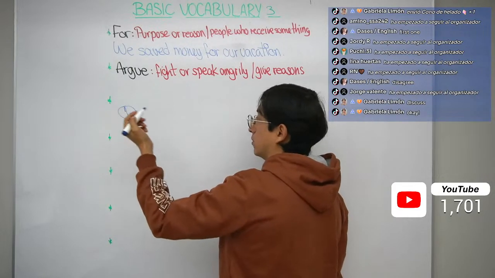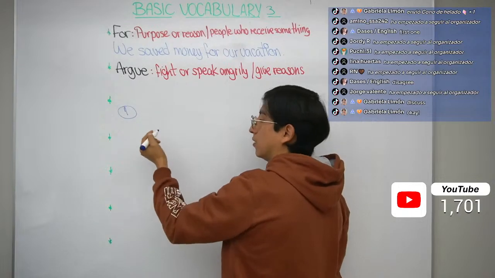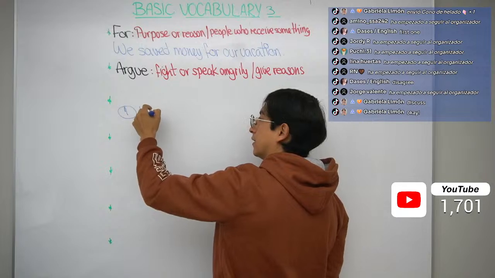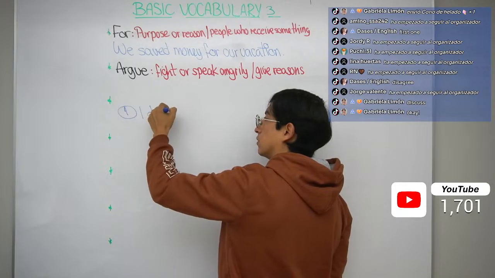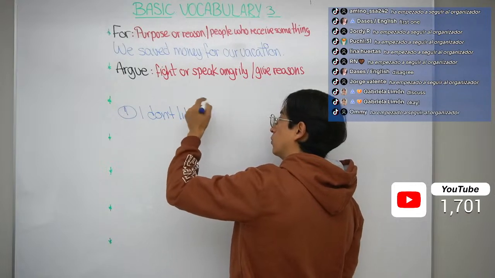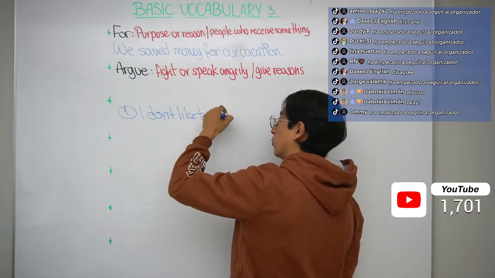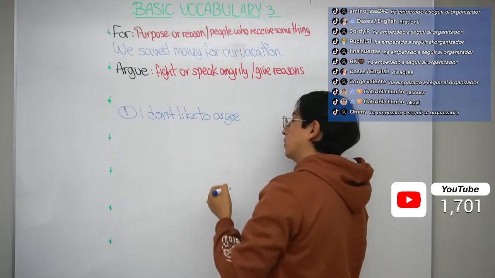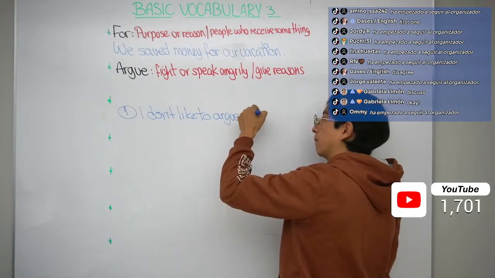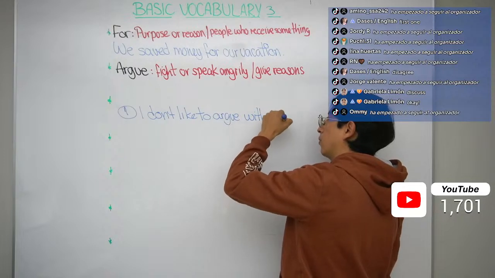Number one, we can say, for example, here: I don't like to argue with people.